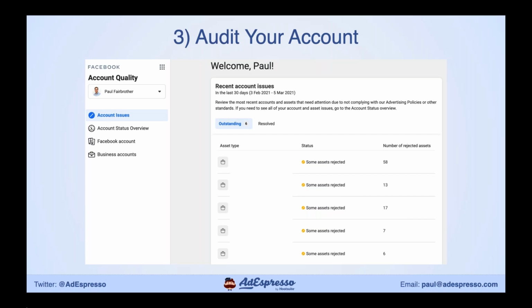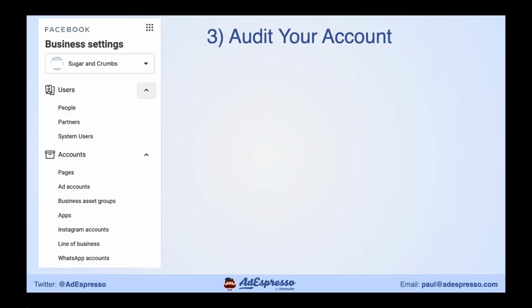So go in there and try and solve any of those issues. Leading on from this, I covered this as well in the prevention section, but audit your account. So you might find that you have got some problems there with an ad account that Facebook doesn't like. If it's owned by a partner, can you remove that partner, that sort of thing there. So that's what we want to be doing, is taking that time and finding out what caused that rejection from Facebook.